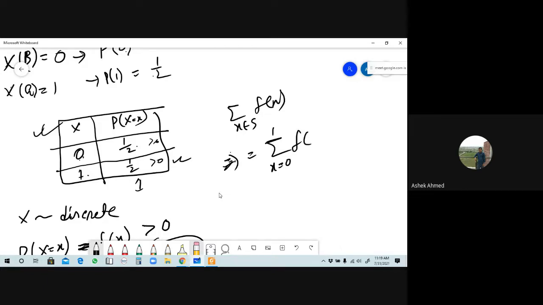This is f of x. If you substitute x as 0 and then 1, the summation means f of 0 plus f of 1. So the probability will be half plus half, which is 1. Understand?